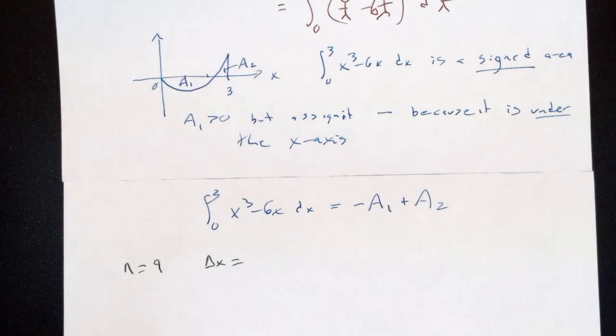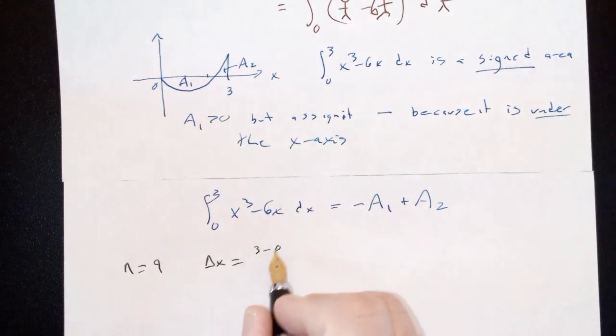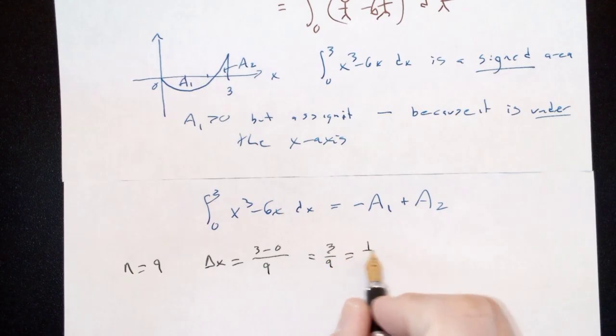Say again? Oh, careful. I'm going from 0 to 3, right? I'm doing 9 rectangles. It's right end minus left end divided by our number. That's 1/3, not a ninth. If I was going from 0 to 1, you'd be correct. I'm going from 0 to 3.